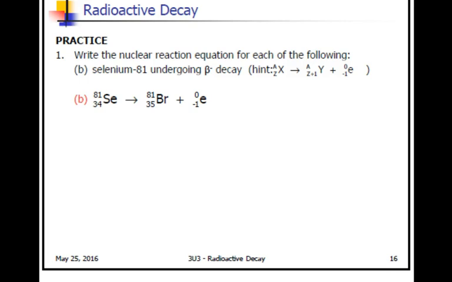That's our beta particle. And the proton count, or the atomic number, is increasing by 1. So if we look at selenium, if we go 1 to the right, it turns into bromine. So selenium-81 transmutes into bromine, and we have an electron for beta negative decay.